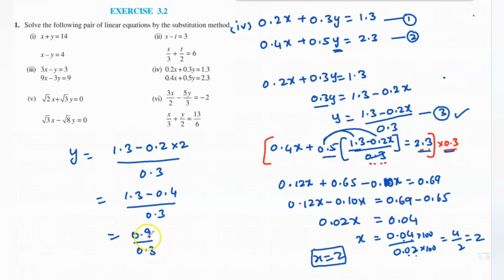Here point after 1 digit, here also point after 1 digit, multiplying both sides by 10, I'll get 9 by 3, which is equal to 3. So finally we got y is equal to 3. So x is equal to 2, y is equal to 3 are the solutions of this equation. Now coming to question number 5.